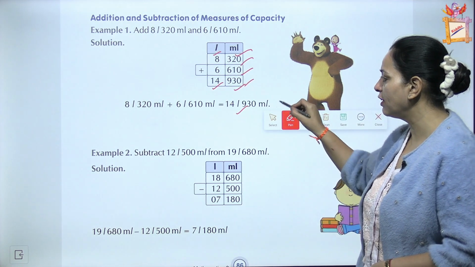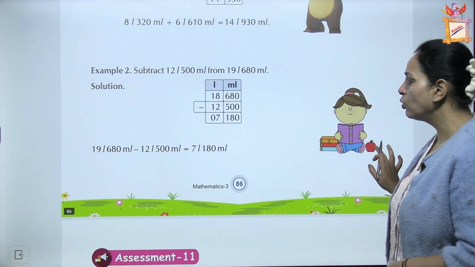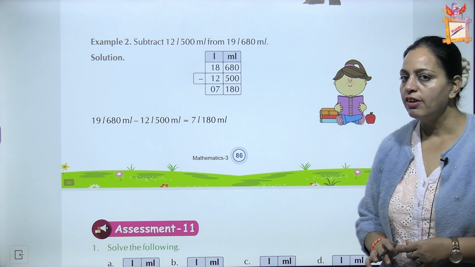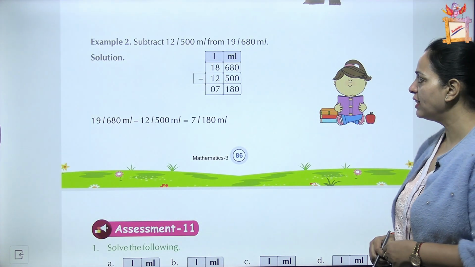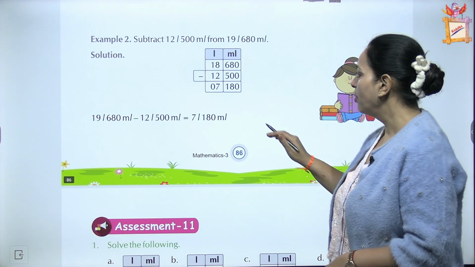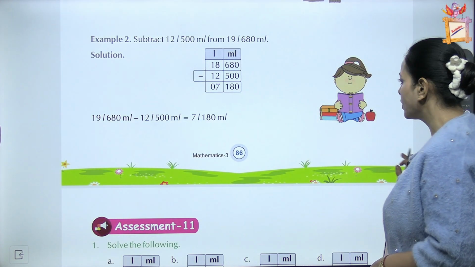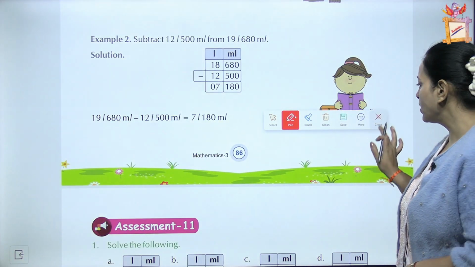So 14 liter 930 milliliter. Now example 2, subtract 12 liter 500 milliliter from 19 liter 680 milliliter. Same, make the columns liter and milliliter. Write the numbers and do the subtraction. So this is the answer. I hope this is clear to you.